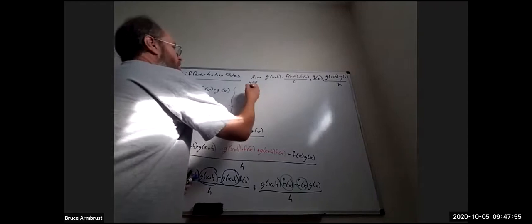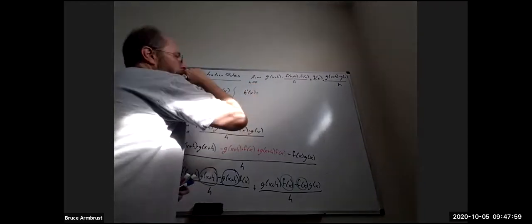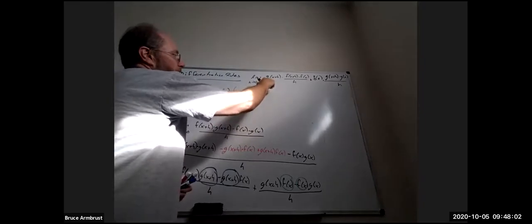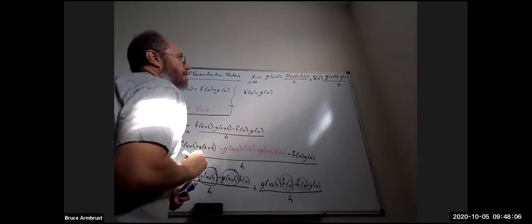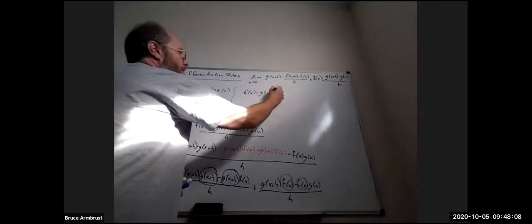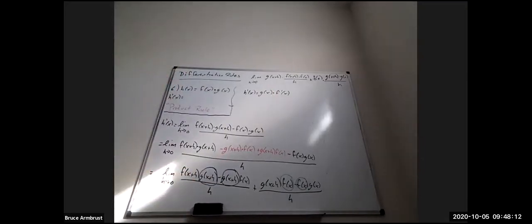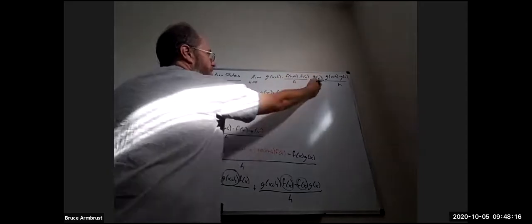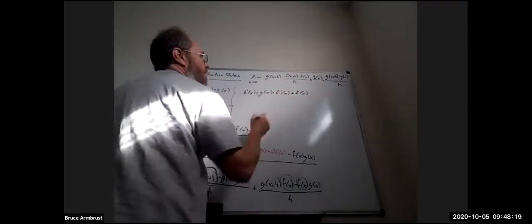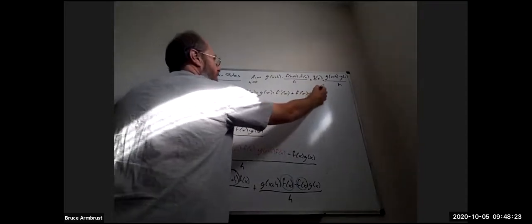So here's what we end up getting. All right, as h goes to 0, this first piece, g of x plus h becomes g of x. This fraction becomes f prime of x. On the second piece, f of x is still just f of x. But that fraction in the second piece, that's g prime.